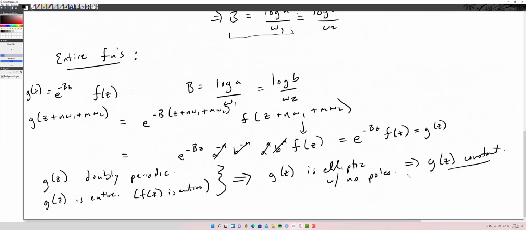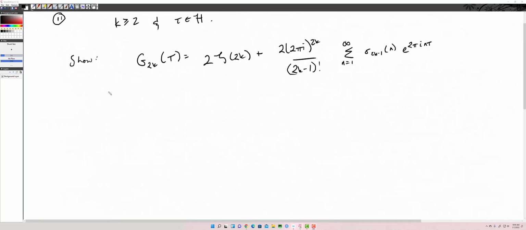Now what does that mean? If g of z is a constant, that means that f of z has to be of the form a e to the b z. That's your proof.